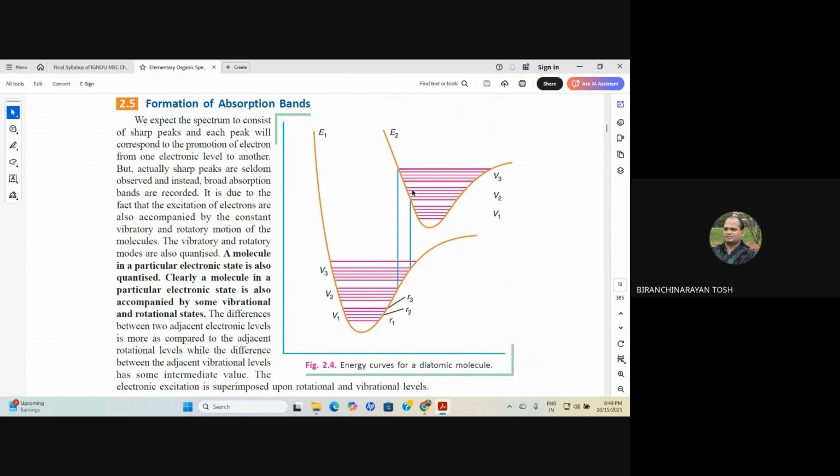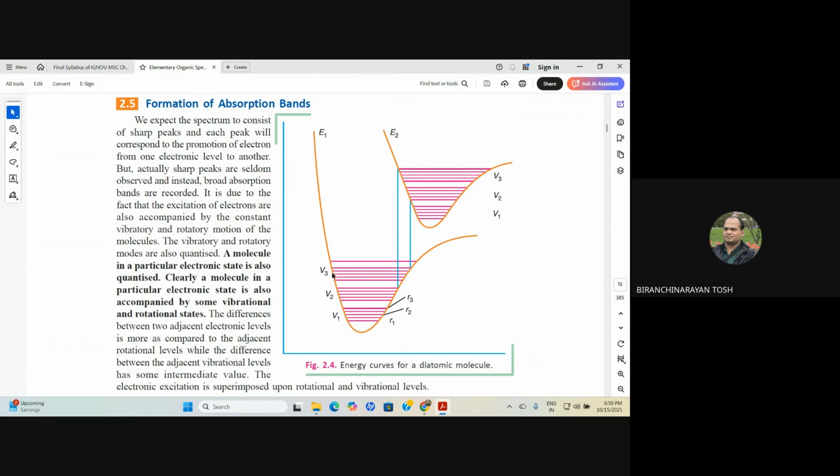But to represent, we have taken a similar type of two electronic levels. This is one electronic level, this is another electronic level, not bonding and antibonding molecular orbitals. That means an electron will jump from this energy level to that energy level.